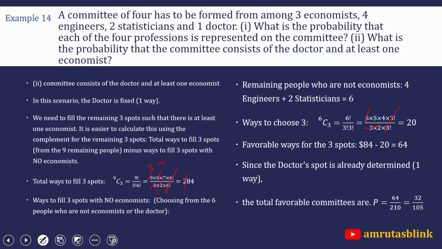So the probability of this case is 64 upon 210. So n of E, the number of favorable ways for this event, is 64 and n of S is 210. So 64 upon 210 is equal to 32 upon 105. I hope you have understood this case as well.